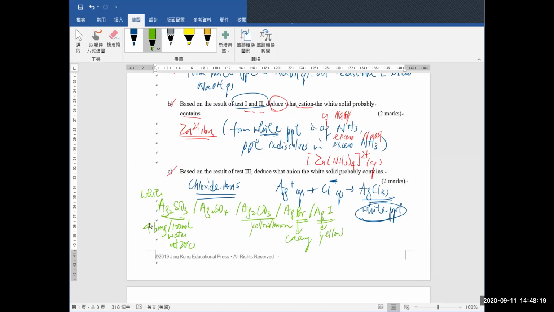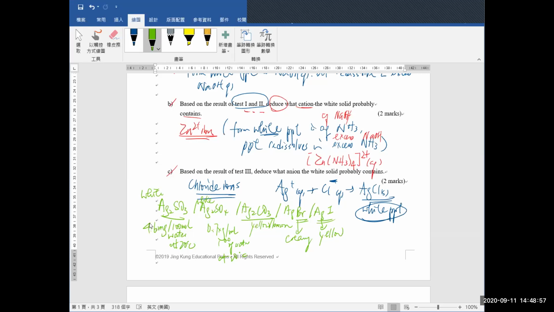It is also something white with quite low solubility, 0.7 something gram per 100 milliliter of water at about 20 degrees. So it is also in the form of a white solid.